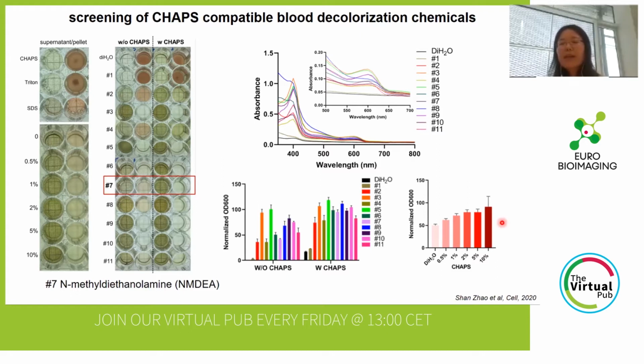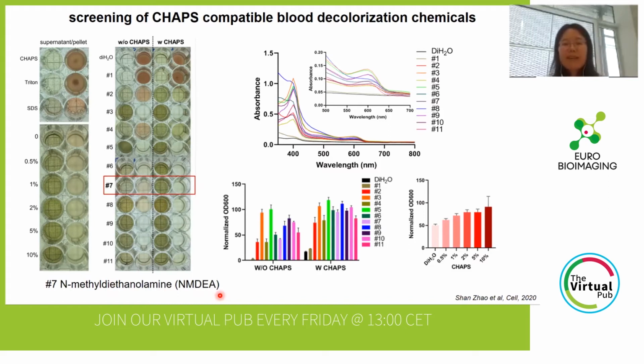We can also quantify which is the best concentration for the SHAPS solution. From our candidates, several chemicals can achieve a good decolorization effect. But based on the price and the available packages on the market, we chose chemical 7, N-methyldiethanolamine, the NMDEA chemical, for our future experiments.